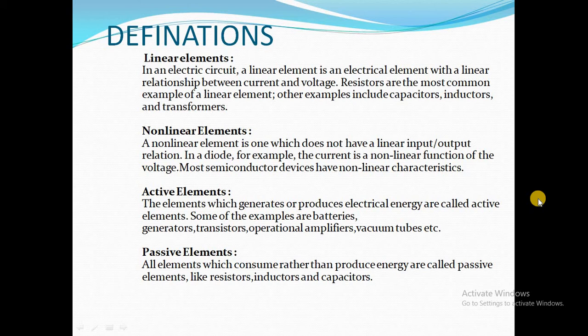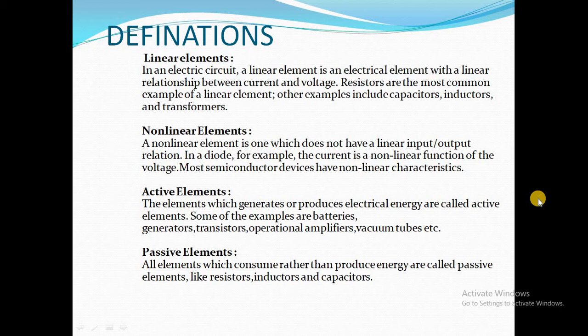Like that, elements which generate or produce electrical energy are called active elements. As in the PPT, they have given examples like batteries and generators. Generators will generate the energy, batteries will give the energy. Transistors are also active. What a transistor is and what operational amplifiers are, you will study in the EDC subject.